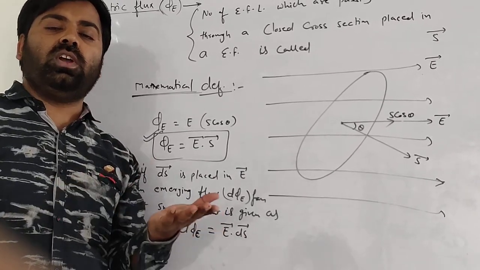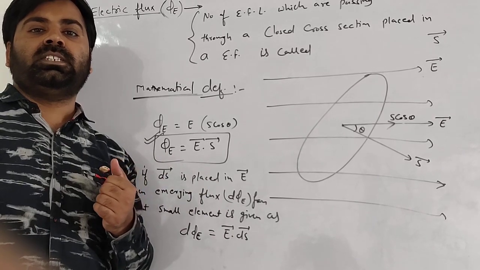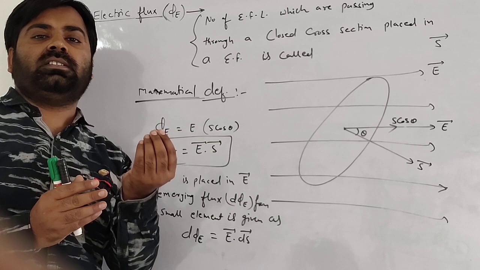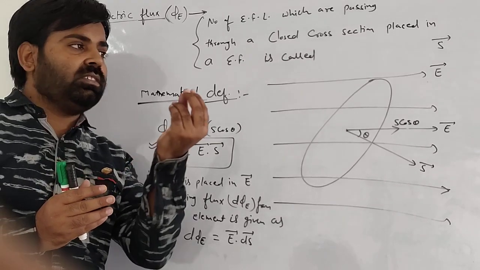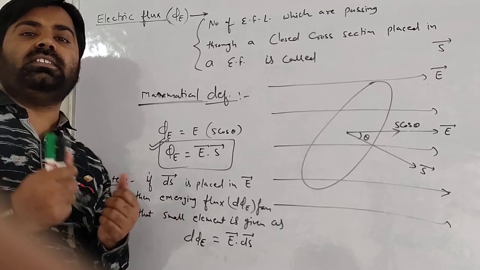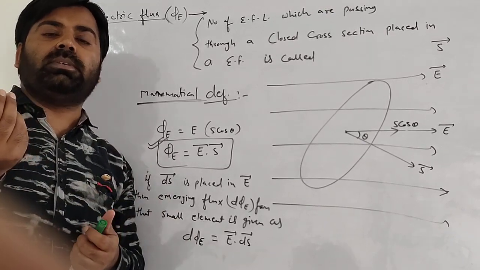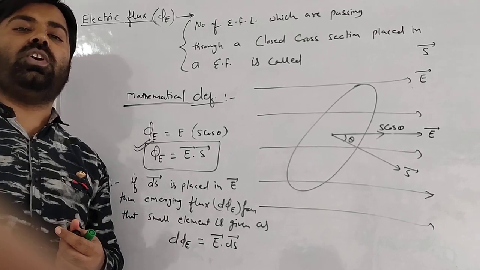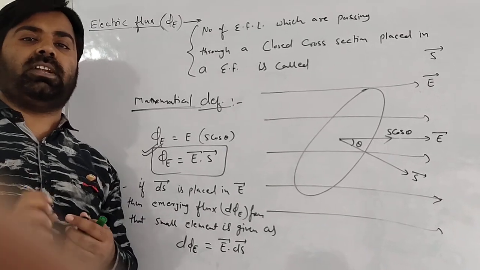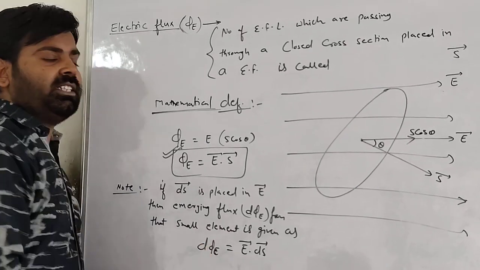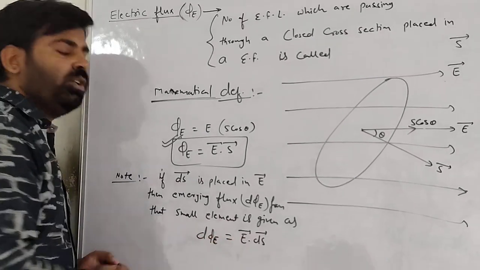To find the whole flux, we add the small emerging fluxes from those small areas, so we integrate both sides.